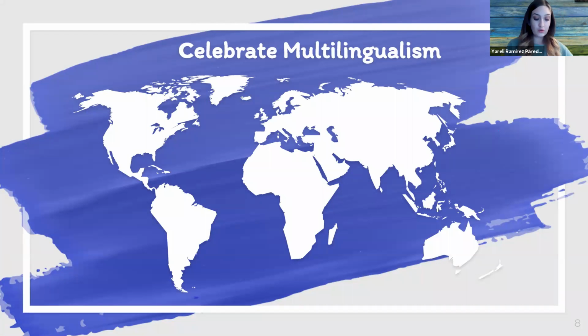In Twin Rivers, we know that the languages and cultures English learners bring to their education are assets for their own learning and important contributions to our learning communities. Therefore, we celebrate and encourage multilingualism.